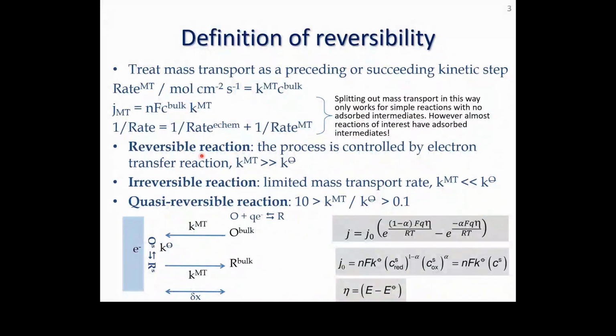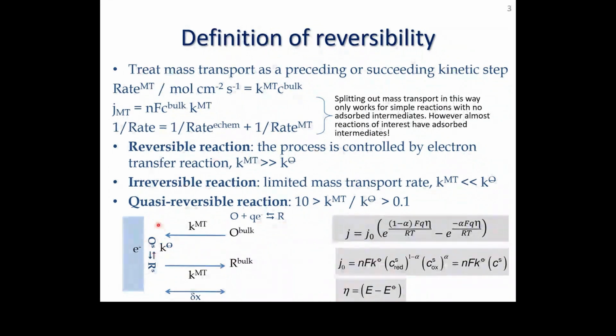Now, we define three different sorts of reactions. We define a reversible reaction. A reversible reaction is one in which this mass transport process, this rate constant associated with mass transport, is very much faster than the electron transfer process, which happens at the electrode surface.